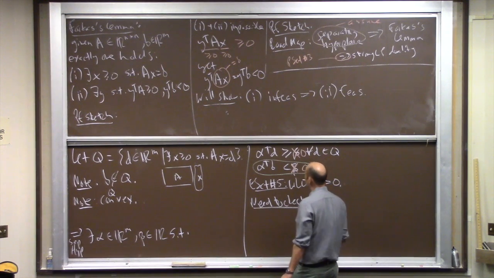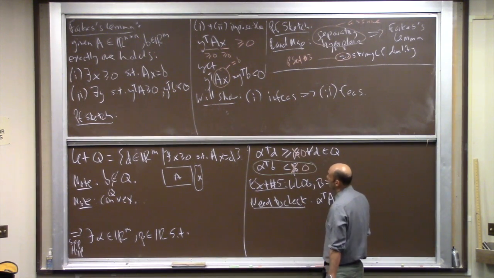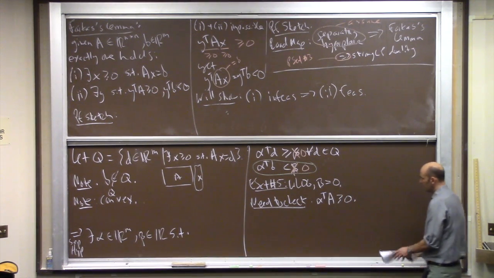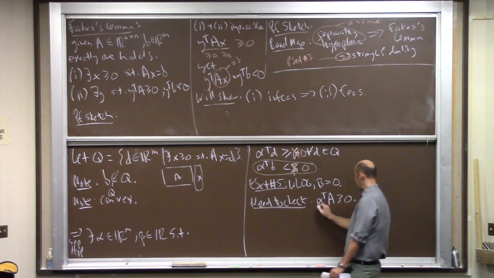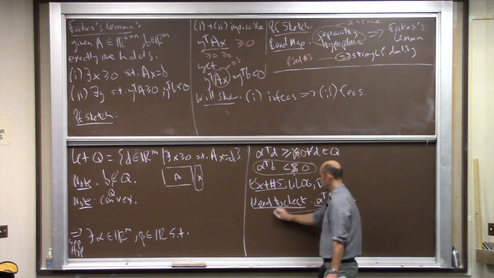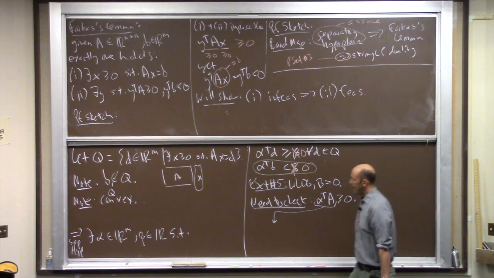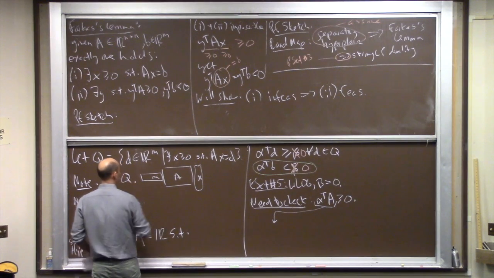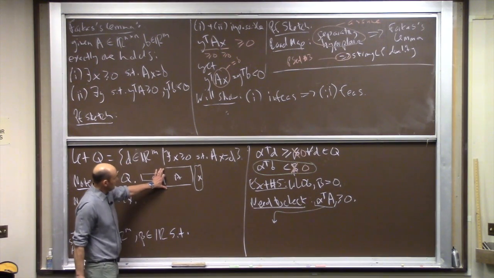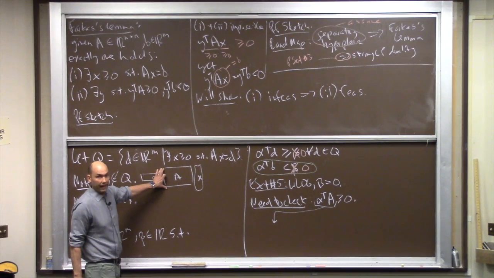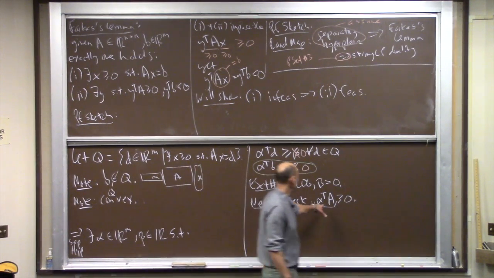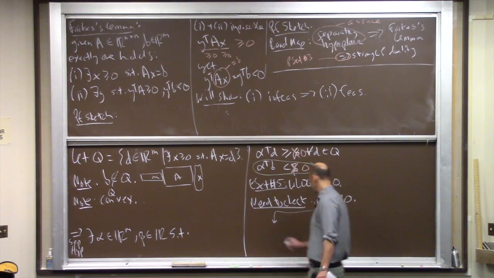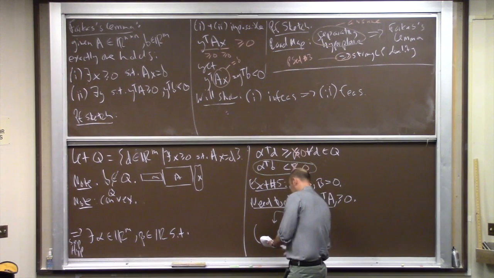You need to check that alpha transpose A is non-negative. All right, let's just remember what this is. A is m by n. We're now doing a linear combination of the rows of A. So this is going to be an n vector indexed by the decision variables. Just vector-matrix multiplication.